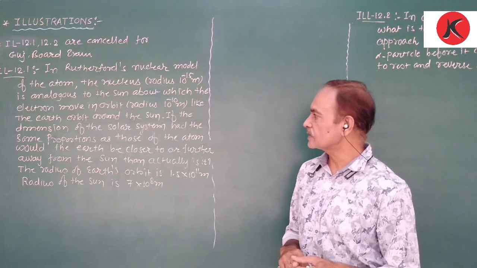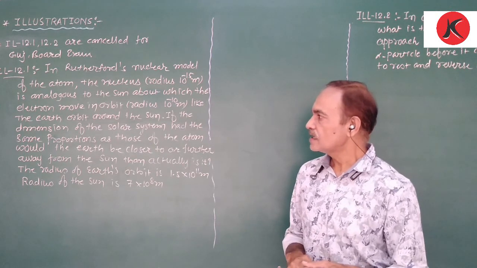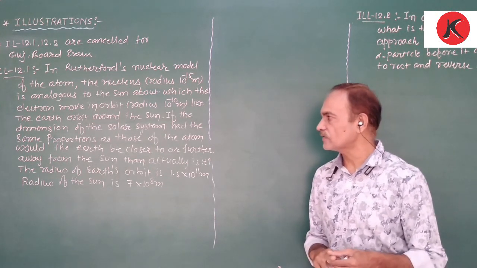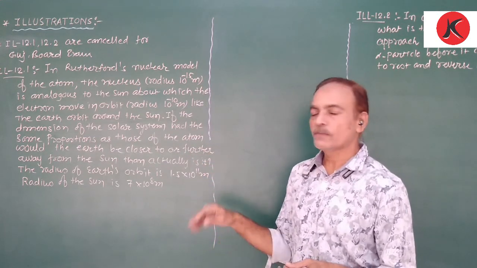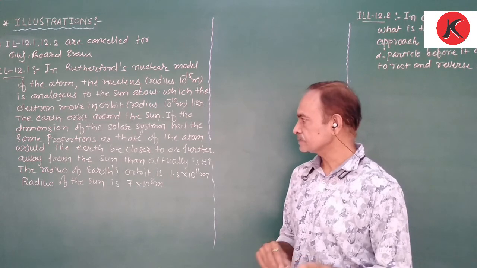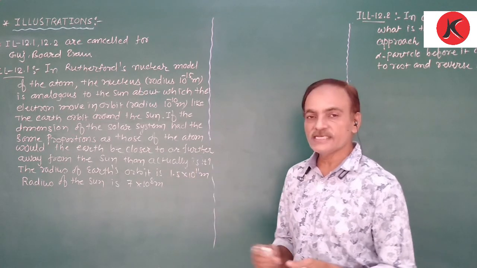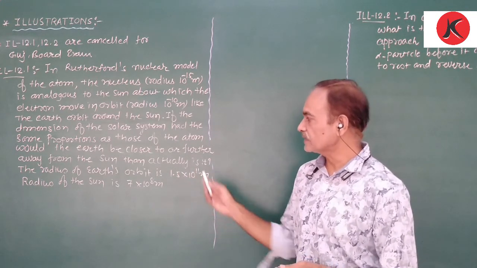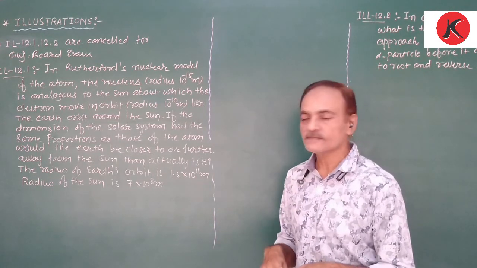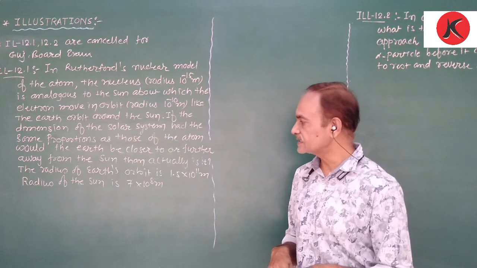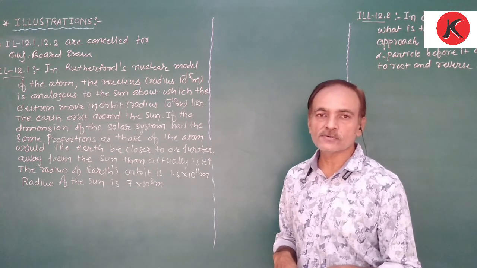If the dimensions of the solar system had the same properties as those of the atom, would the Earth be closer to or further away from the sun? The radius of the Earth's orbit is 1.5 × 10¹¹ meter. The radius of the sun is given as 7 × 10⁸ meter.